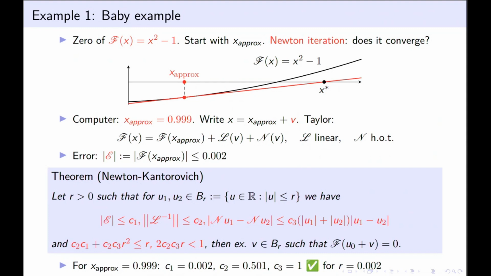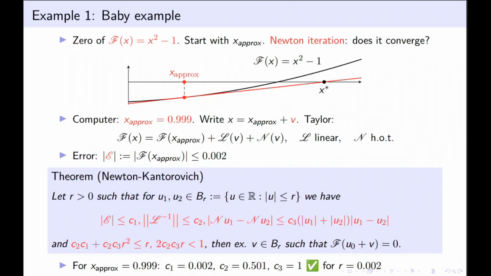If you had been super lucky and your computer computed an exact solution for you, then the error would be 0 and you could stop right there. Nothing else you have to do. But the whole point is that this is for situations where your computer doesn't give you an exact zero, it just gives you some approximate solution. And so, for example, here, if you plug in this 0.999 into the equation above, that's why you get 0.002.